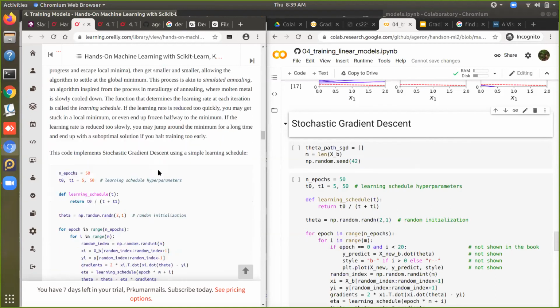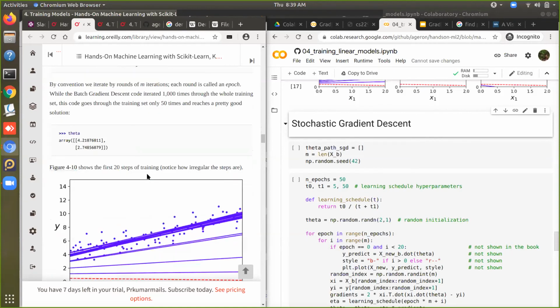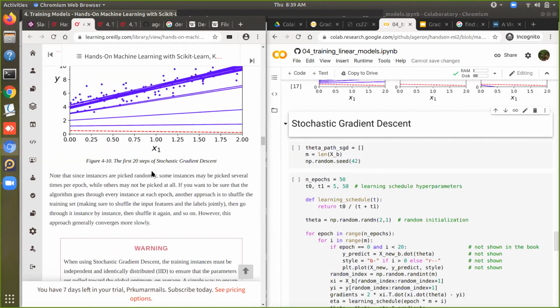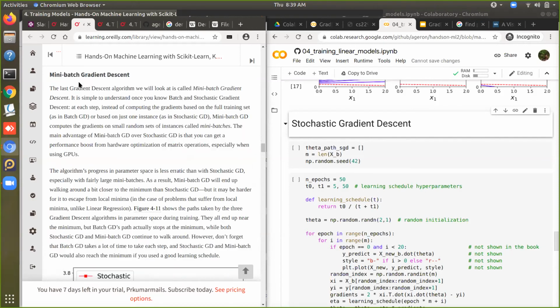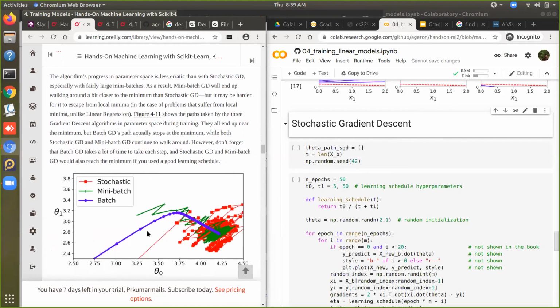In mini batch gradient descent, we take some n number of examples and then do the gradient updates. The red line that we are seeing is for stochastic, and the green line is for mini batch gradient descent.